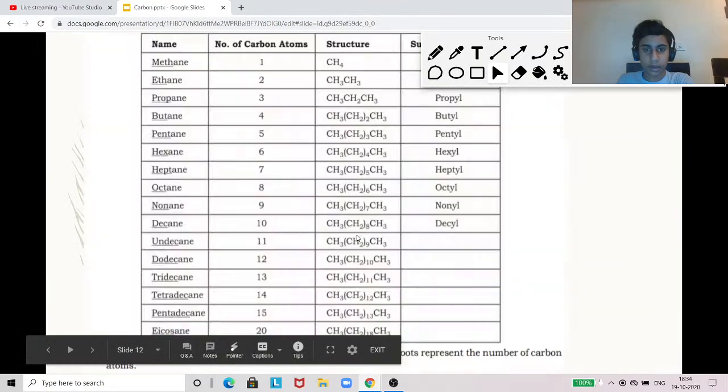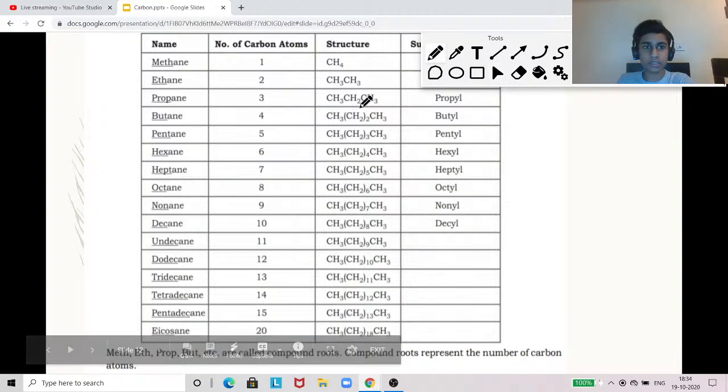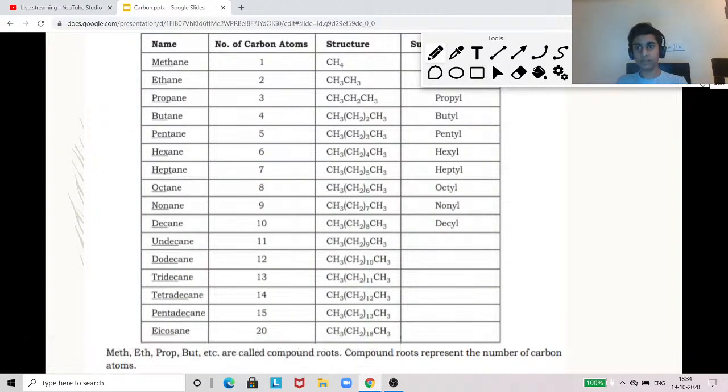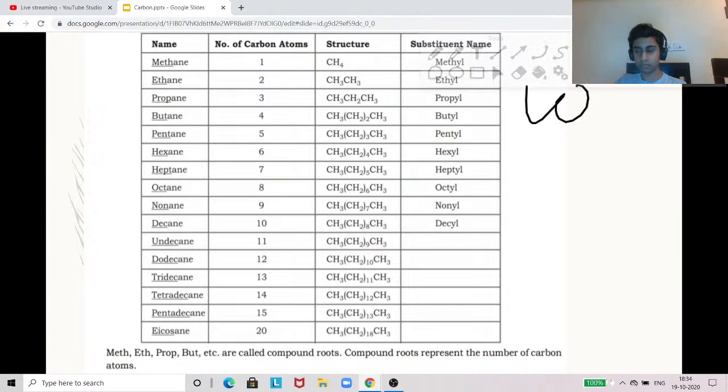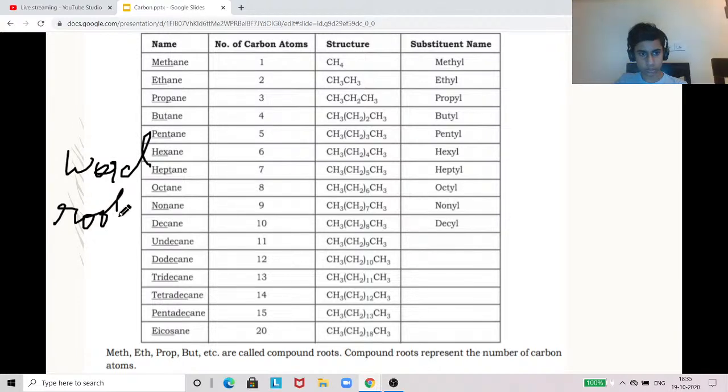Now, this is just a table of alkanes and alkyls: methane, ethane, propane, butane, pentane, hexane, heptane, octane. Now, meth, eth, prop, but, pent, hex, hept, oct are known as word roots.